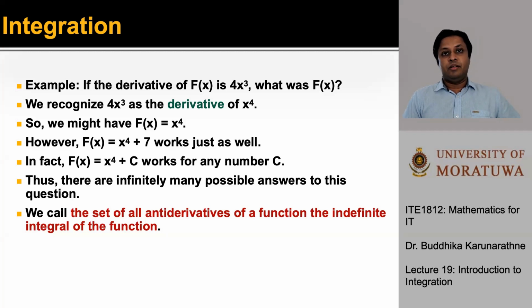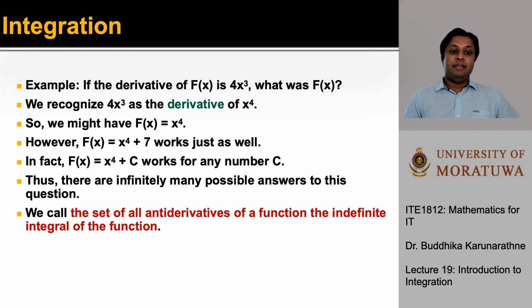If you recall the lesson on differentiation, you will remember that when you differentiate x to the power 4, you will get 4 times x to the power 3, or 4x cubed. So it might be the case that capital F(x) was x to the power 4.